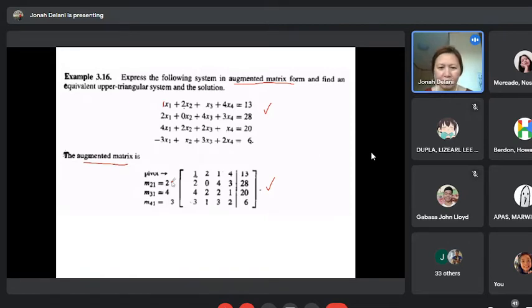I-eliminate man siya. Diba? So, let us try. Putang ako siya dire ang resulting ha. So, kanang sa imabaw, same ra na siya. 1, 2, 1, 4, 13. Right?